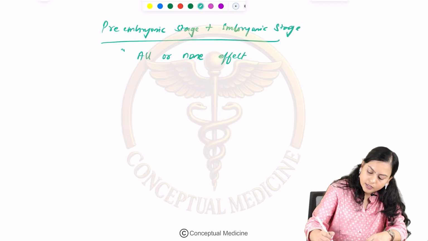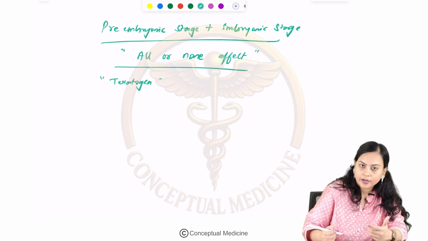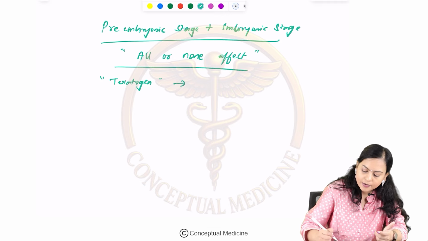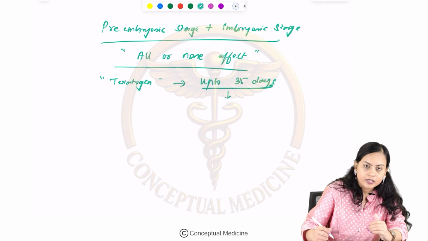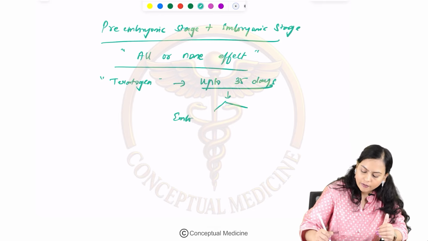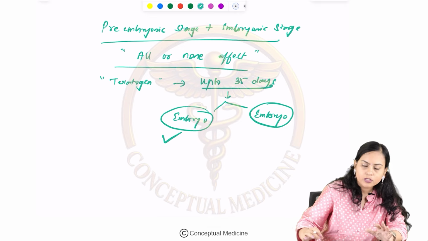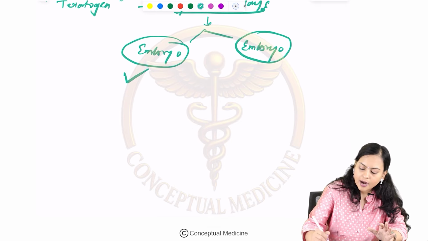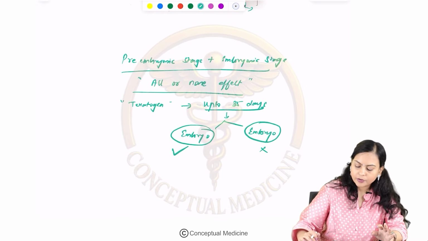During this period, if there is a teratogen exposure, any kind of teratogen, maybe infection or radiation exposure or any drugs, then during this period, especially up to 35 days of intrauterine life, either there will be no effect on the embryo and the embryo will survive, or the embryo won't continue further development and it will die in utero. Okay? So, this is the point I wanted to add.